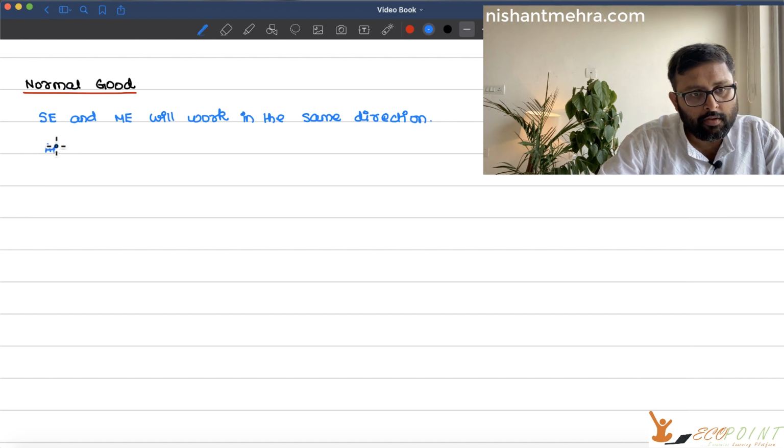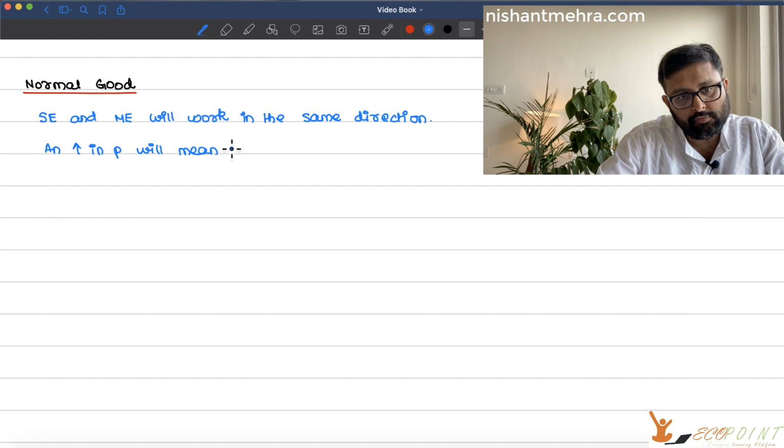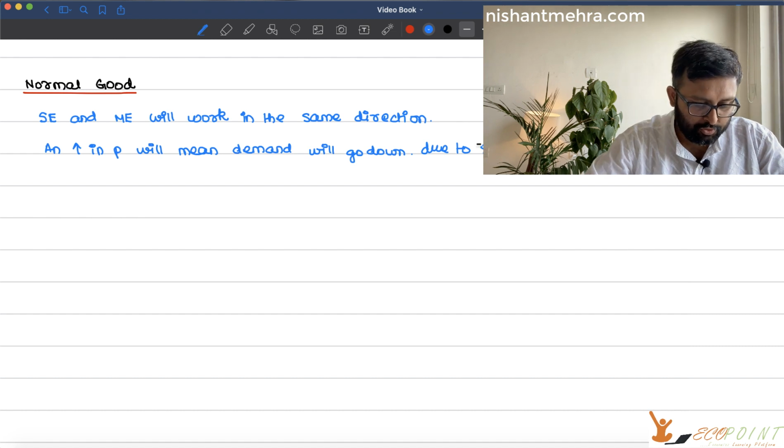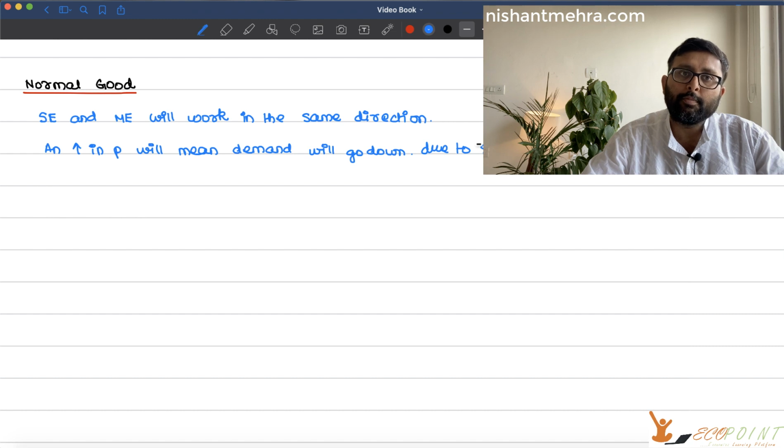So an increase in price will mean demand will go down due to the substitution effect. When the price is going to increase, your purchasing power has fallen, so we take it like a decrease in income.